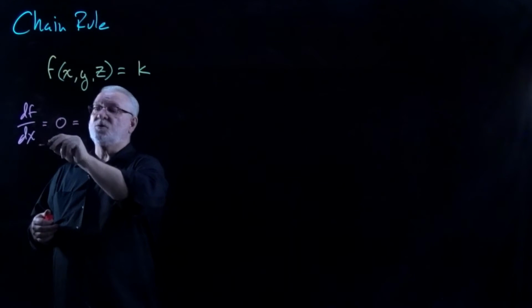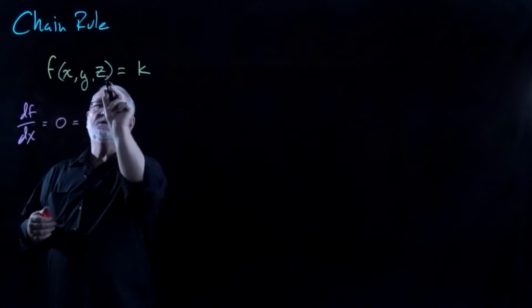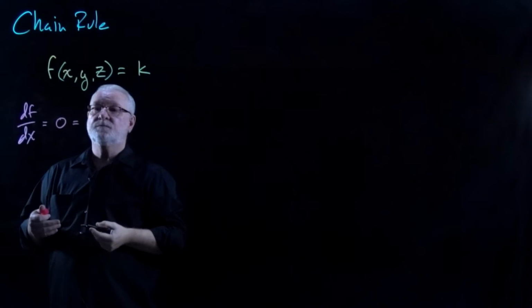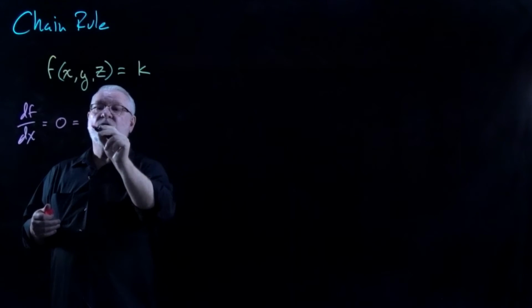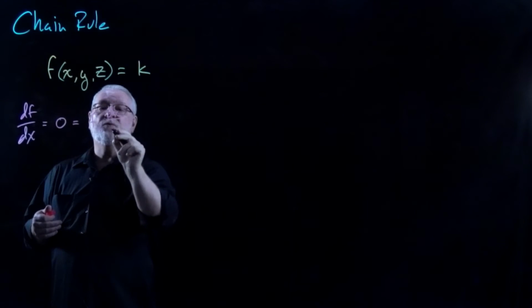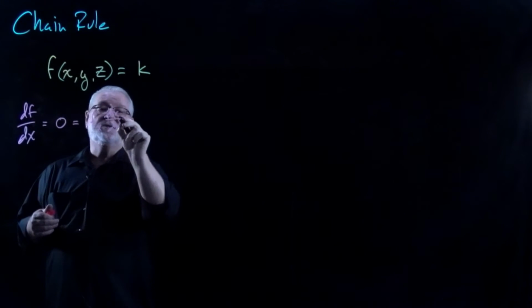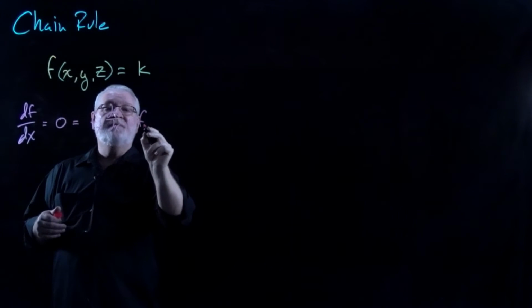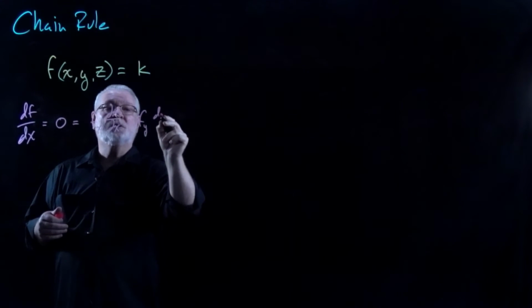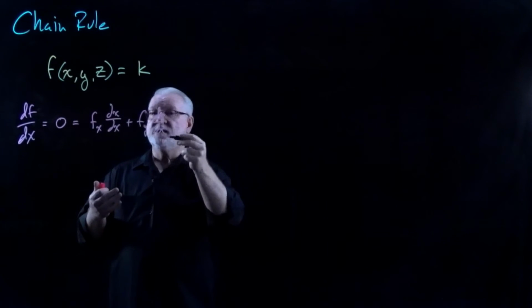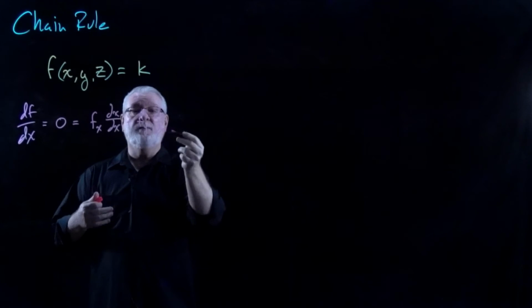If I want to take the derivative of f with respect to x, that means the derivative with respect to x of all three of these interior functions. So that means first I need fx times the partial of x with respect to x. It's sort of treating x like it is its own parameter, plus fy times the partial of y with respect to x. Again, treating y as if it's a parameter of x.